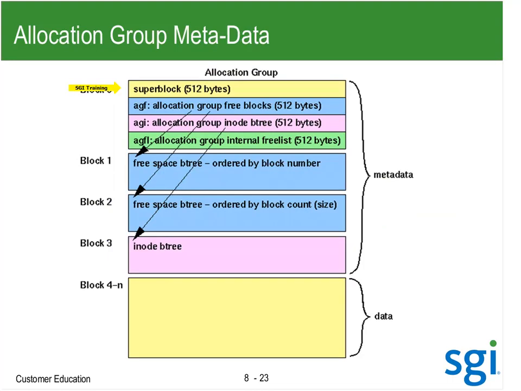So this is just showing that in an allocation group we have our super block, which is makeFS. Then we have a pointer to the allocation free blocks, a pointer to the inode B tree. A B tree is just a fancy search algorithm. In fact, B trees are obsolete. I remember a couple of XFS engineers talking about redesigning XFS to use red-black trees. That's the newer search algorithm.